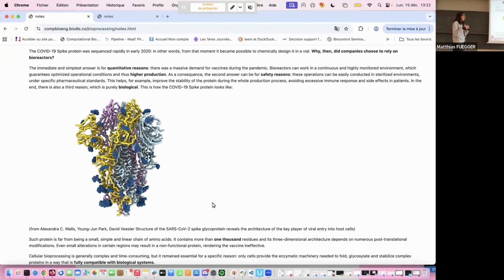protein, so the best way is to find a way to produce it in a continuous way, so to have a high production of it. The second reason was that this protein was supposed to be put in a vaccine, so it has to be as safe as possible.